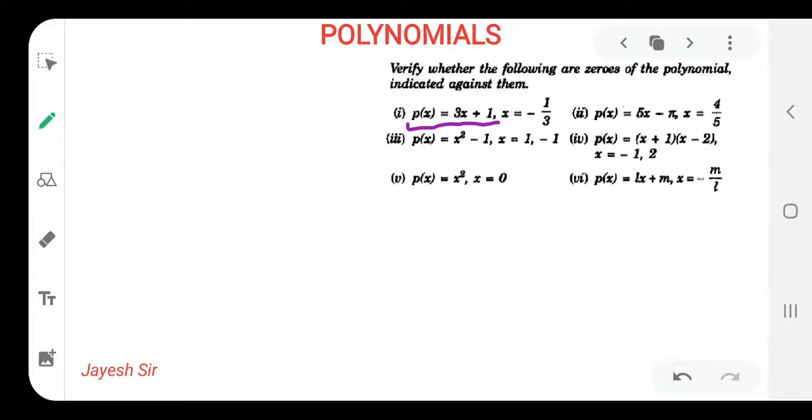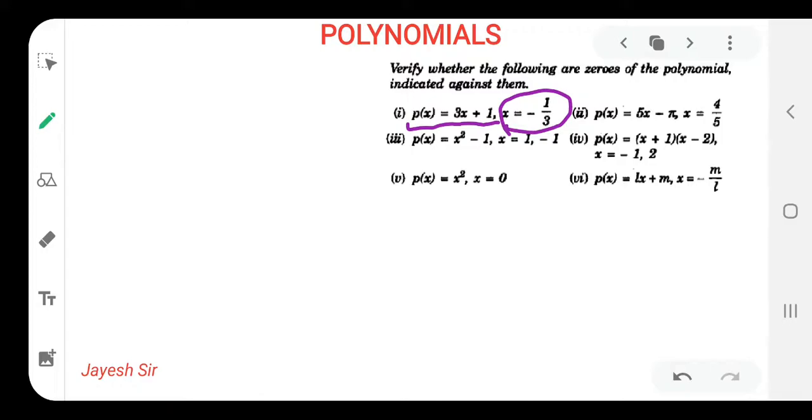In this equation we have to put the value of x, that is minus 1 upon 3. If we put the value of x as minus 1 by 3 and we get the result as 0, then we can say that the value of x is called the zero of the polynomial.